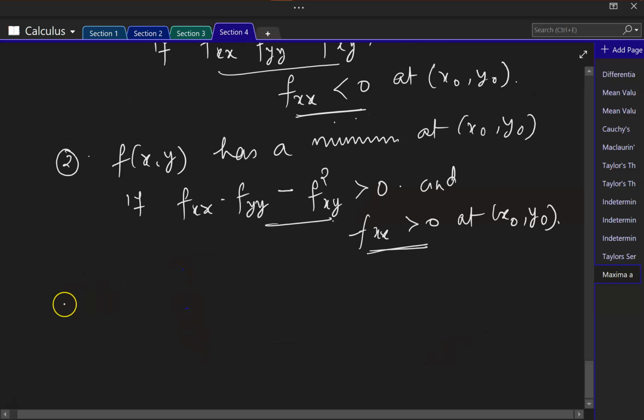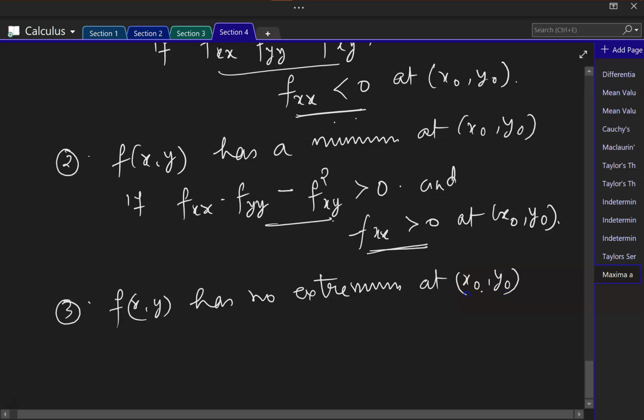Okay, f of x comma y has no extremum at x naught, y naught if fxx times fyy minus f square xy is less than 0 at x naught, y naught.